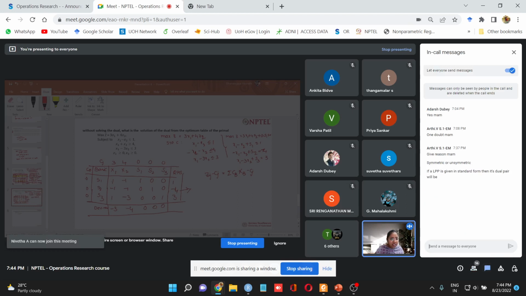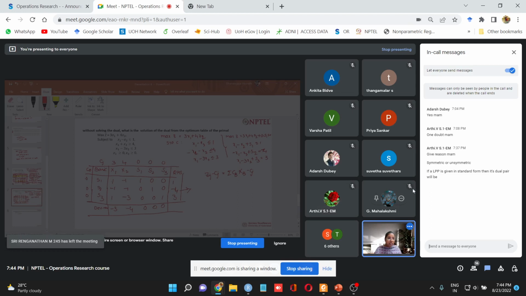Aarti asked that if LPP is given in standard form, then what will its dual pair be. If the given LPP is in primal and in maximization, then the dual would be the minimization type.